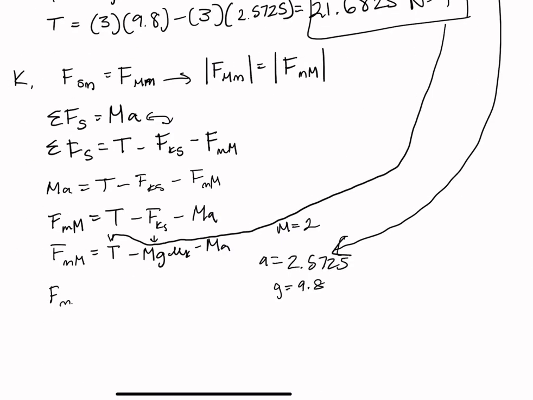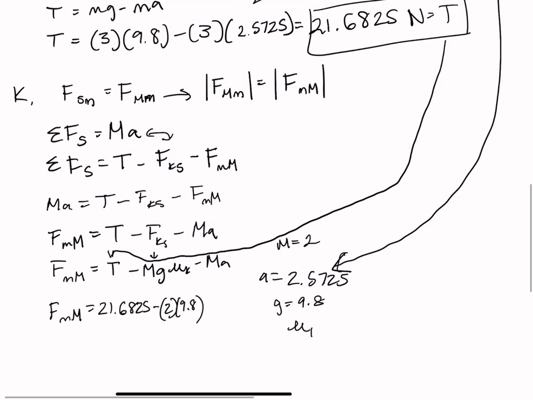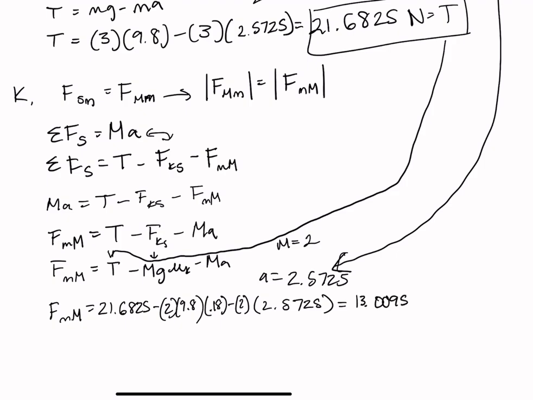So Fm equals 2... So once you plug that into a calculator, you're going to get 13.0095. Since we solved for the magnitude of the contact force between block M on block S, we can also conclude that it is the same as the magnitude of the contact force of block S on block M.